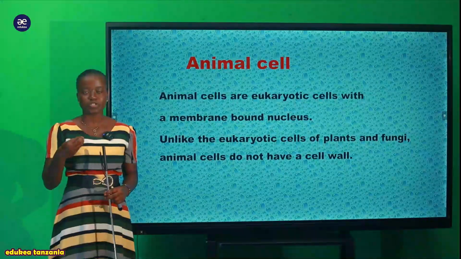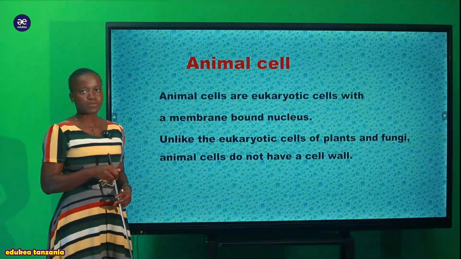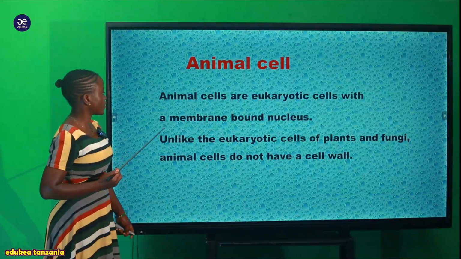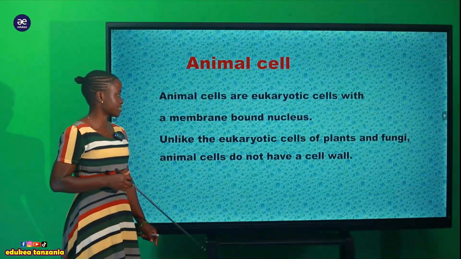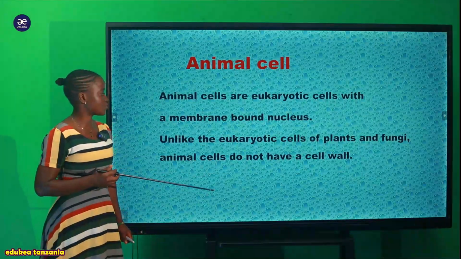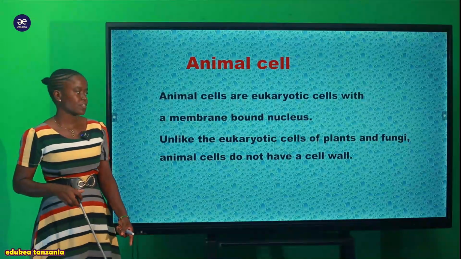So now let's see a little bit of an introduction to this animal cell. Animal cells are eukaryotic cells with a membrane-bound nucleus. Unlike the eukaryotic cells of plants and fungi, animal cells do not have a cell wall. So this is the big difference.